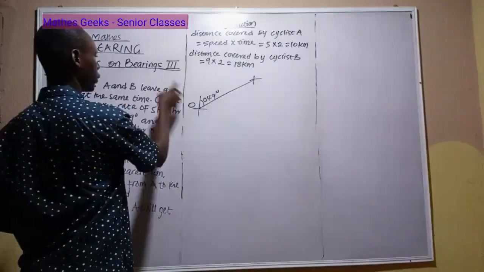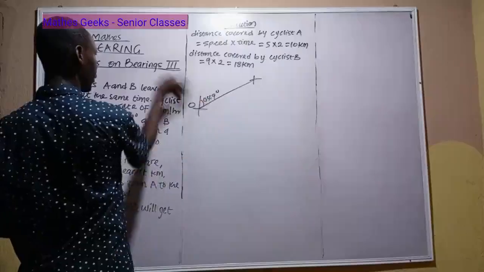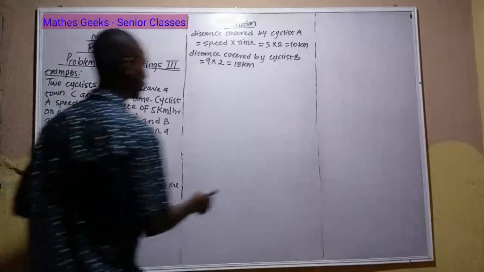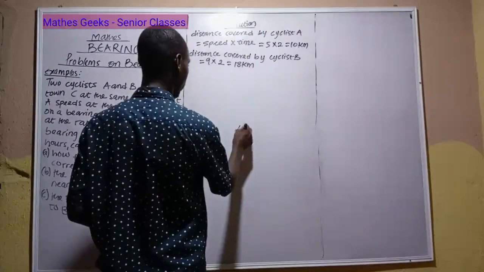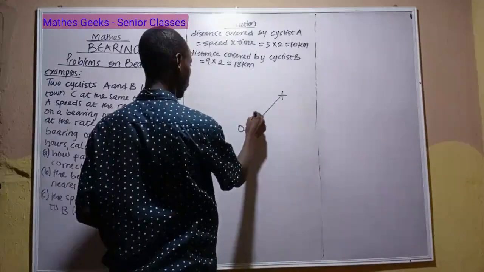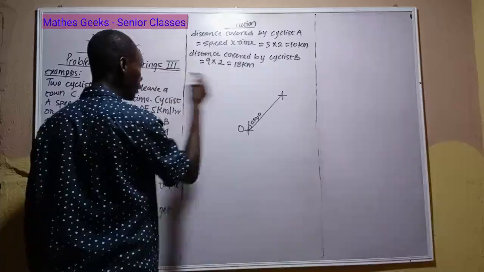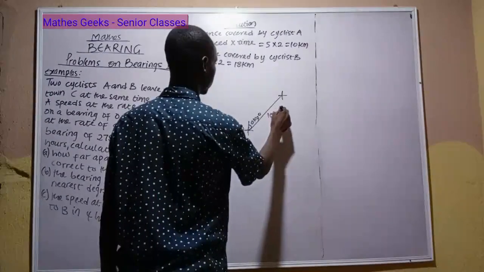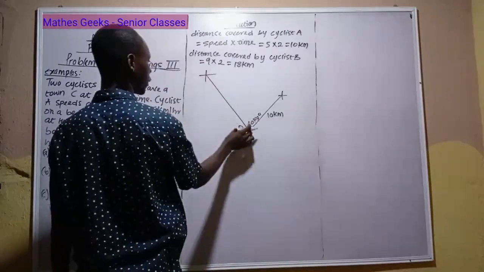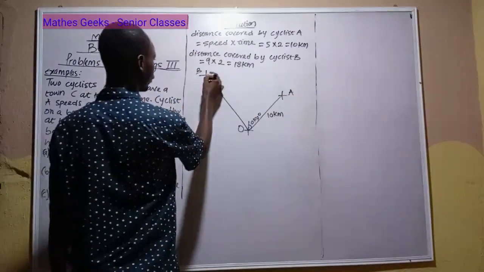275 degrees will be on the side, so I'm going to draw my diagram again. Since 275 degrees will be this way, the diagram will come this way. So cyclist A on a bearing of 49 degrees, so this is O, 49 degrees, and then B 275 degrees. So this distance is 10 kilometers, this is A, and this is B. And then we join.